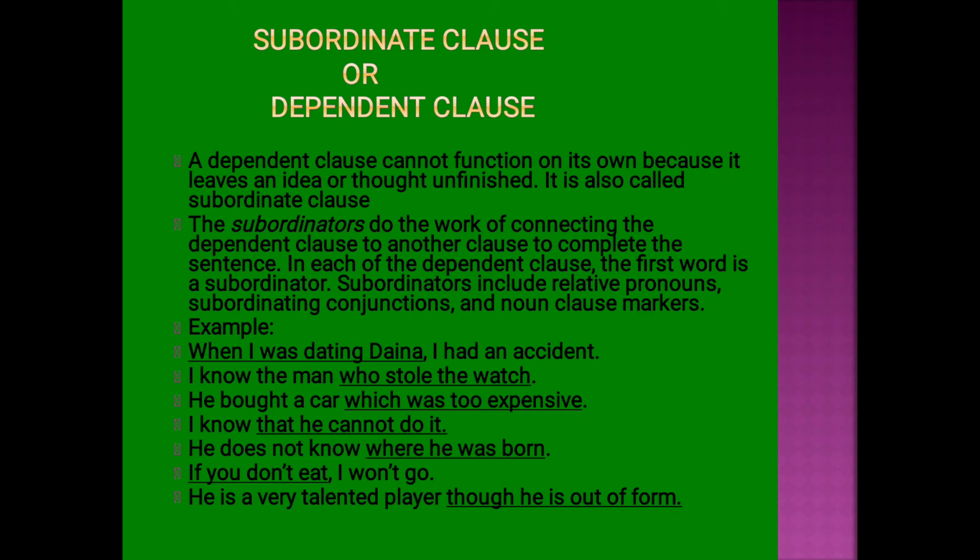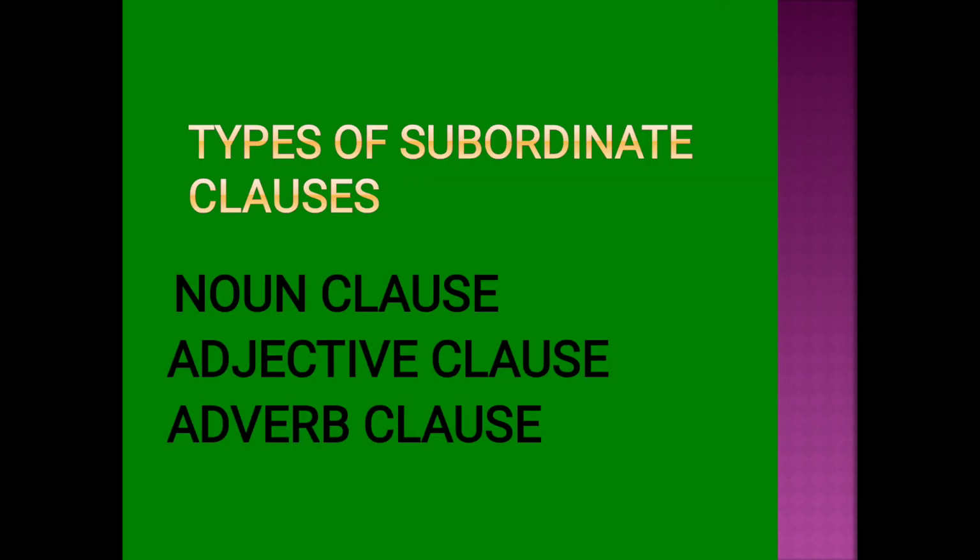So there are two different kinds of clauses. One is the independent clause, another is the dependent clause. An independent clause can be spoken without the help of the other one, but a subordinate clause cannot be spoken without others' help. Again, I will talk about the types of subordinate clauses. These are again three kinds: noun clause, adjective clause, adverb clause.